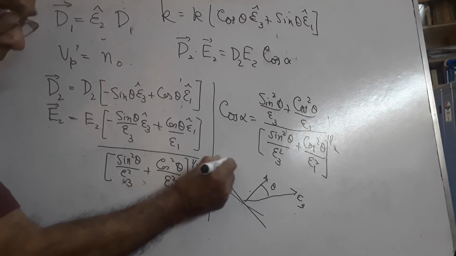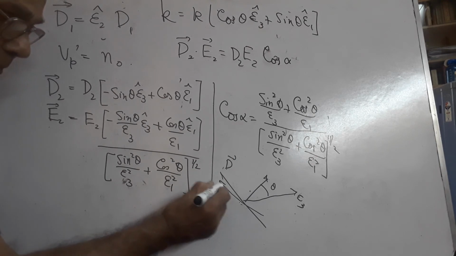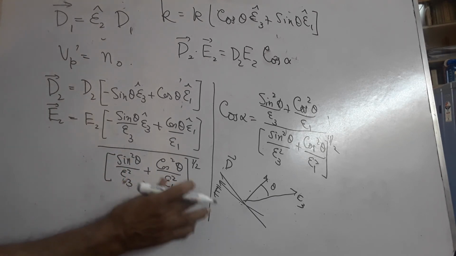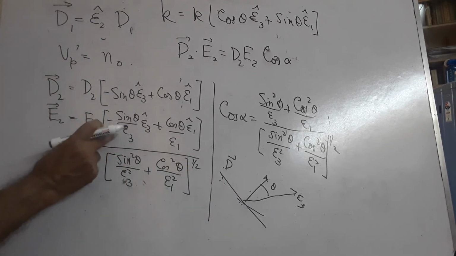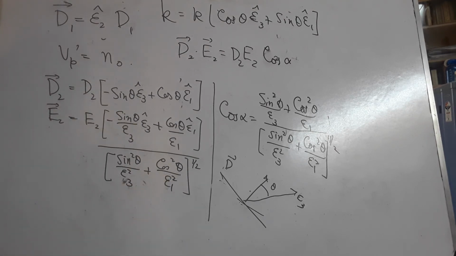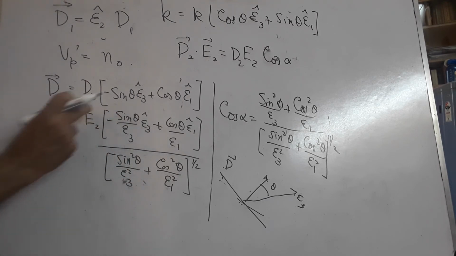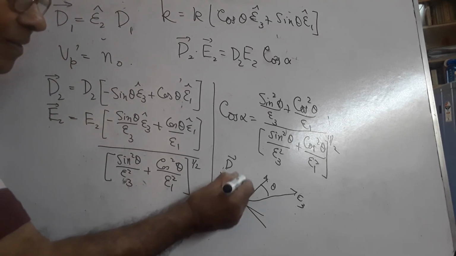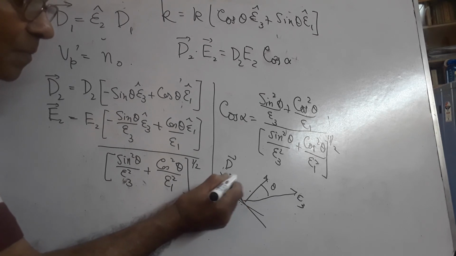This will be my D, this will be my E. Notice the component along epsilon 3 is a little less, so I should write it the other way around, sorry. Epsilon 1 is less than epsilon 3, so epsilon 1 by epsilon 3 is less than 1, and so the direction of E will be in that direction.